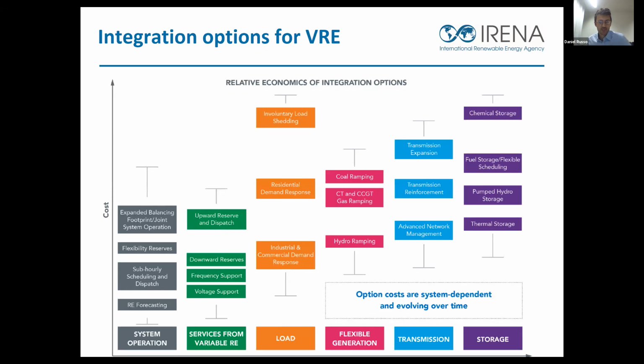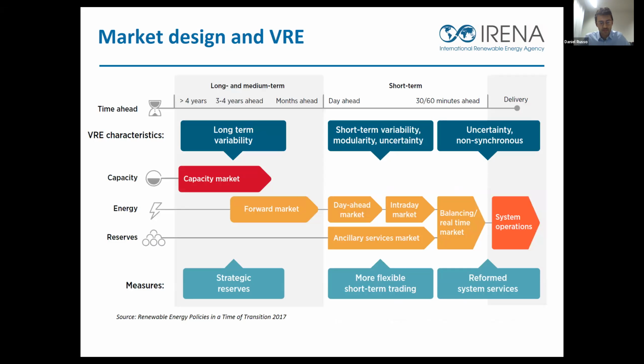To get into some more detail quickly, because I think the time is a bit up, this is just an idea of how you can start from the beginning, before thinking about whether we need to invest in a utility scale battery. What does our market design even look like? And is it accommodating for new wind and solar PV generation?